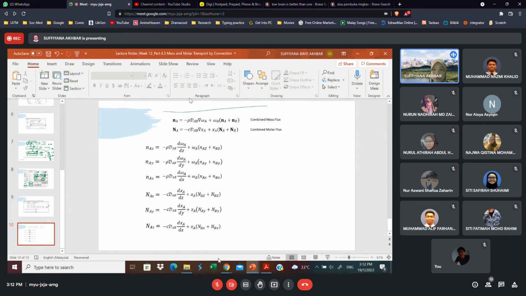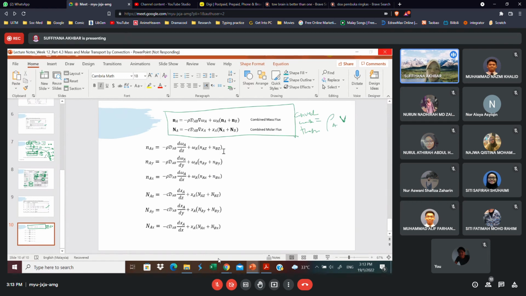So for 4.3, the important one, first you must tahu about the convective mass transfer. So convective mass transfer is equal to rho A V, right? This is convective mass transport. And then beside that, you mesti juga tahu how to write the combined mass flux and combined molar flux.